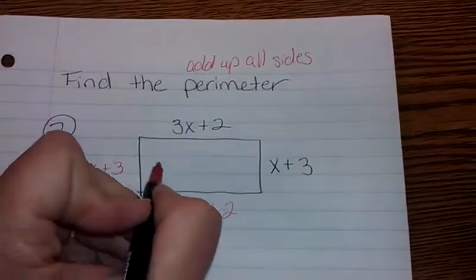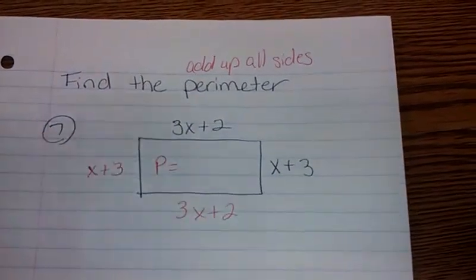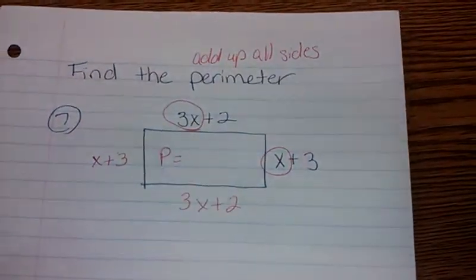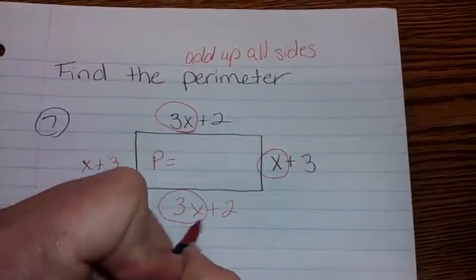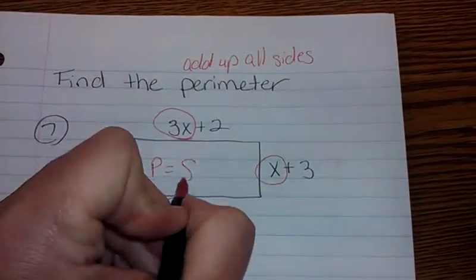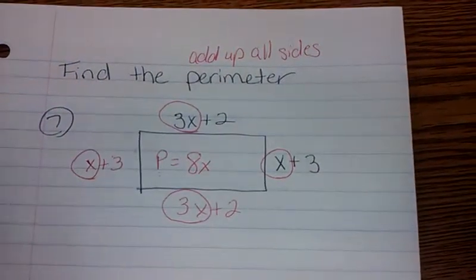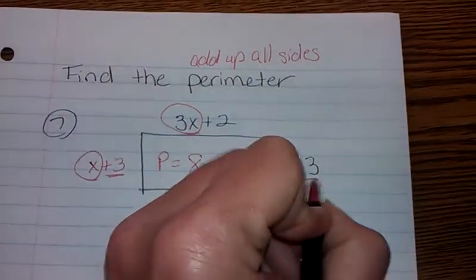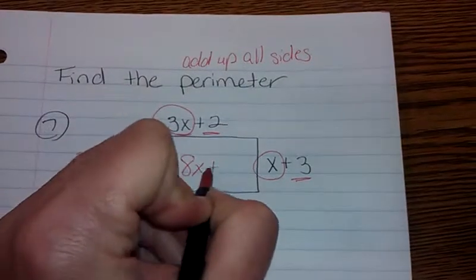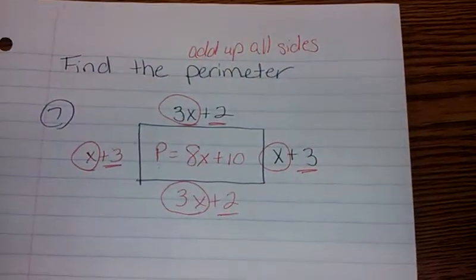So for my perimeter, I'm going to add up all my x's. I've got 3x and 1x is 4x, plus 3 more, 7, plus 1 more, 8x. Then I add up all my numbers. 3 plus 3 is 6, 7, 8, 9, 10. There's my perimeter.